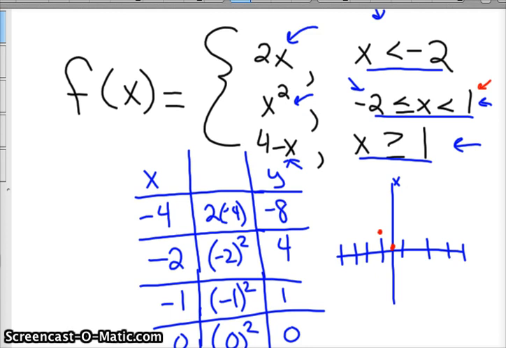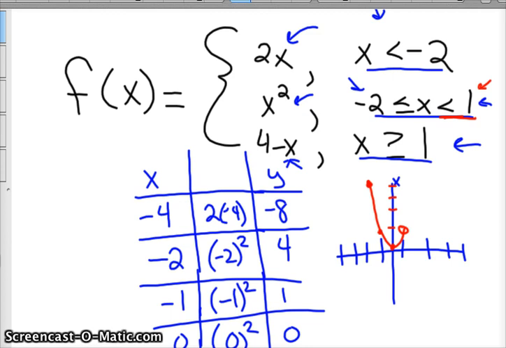So -2 is 4, right here. And then 1 is 1. But here's the thing, when you get to 1, it's an open circle. So the middle part looks something like this. The open circle is because of the less than 1. It doesn't include 1, but we'd end there.